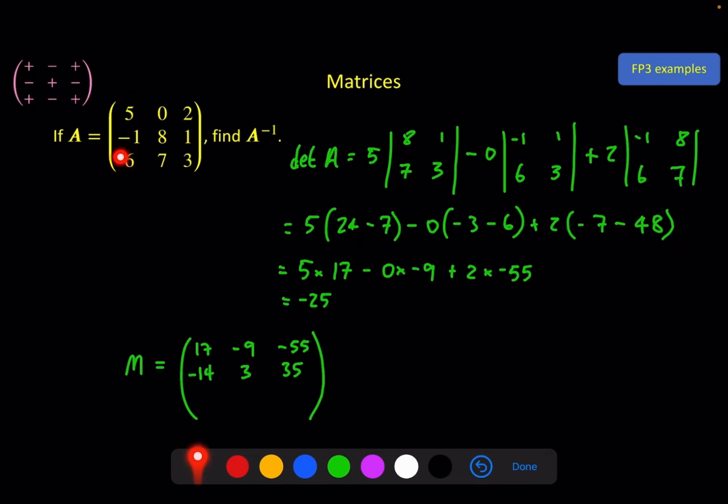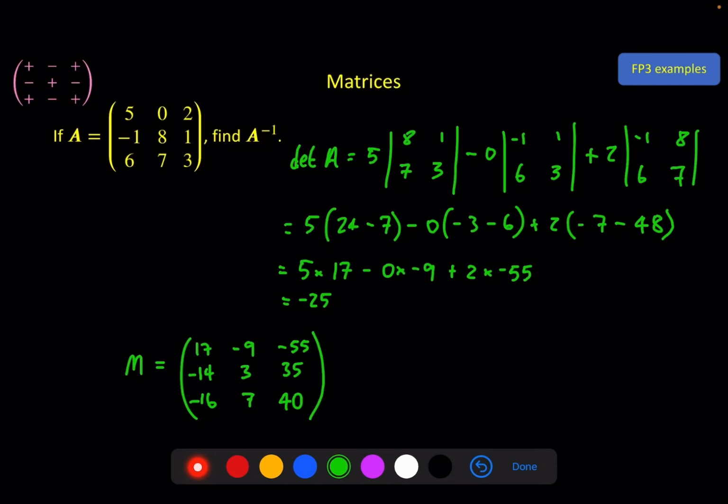One down here, cross out this and this. 0 minus 16. For the 7, cross out these, we get 5 minus minus 2. And the last one in the corner, cross out this and this, we get 5 times 8, 40, minus 0. So here are the minors, and as you get used to doing that process, it gets a little bit quicker.